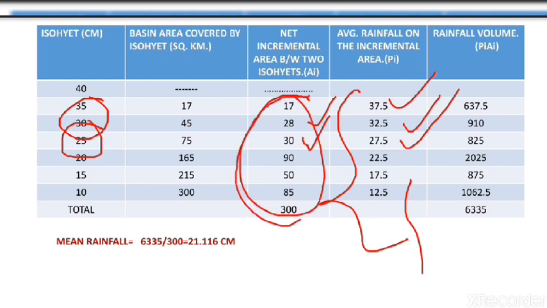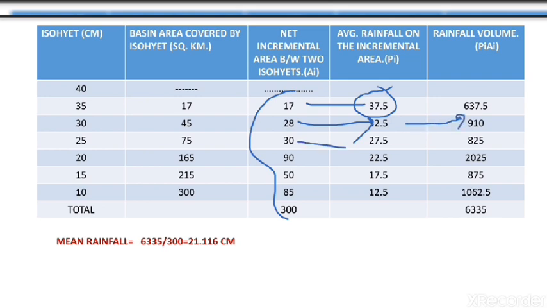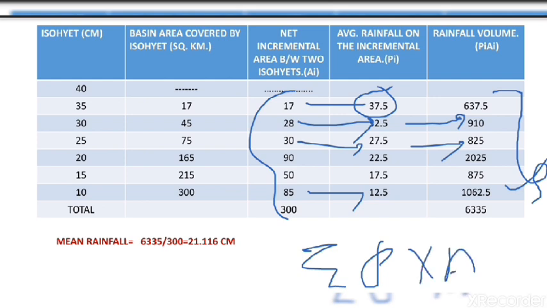That means net incremental area and corresponding mean rainfall. 17 into 37.5, 28 into 32.5, it will become 910, 30 into 27.5, it becomes 825, up to 85 into 12.5, it will become 1062.5.